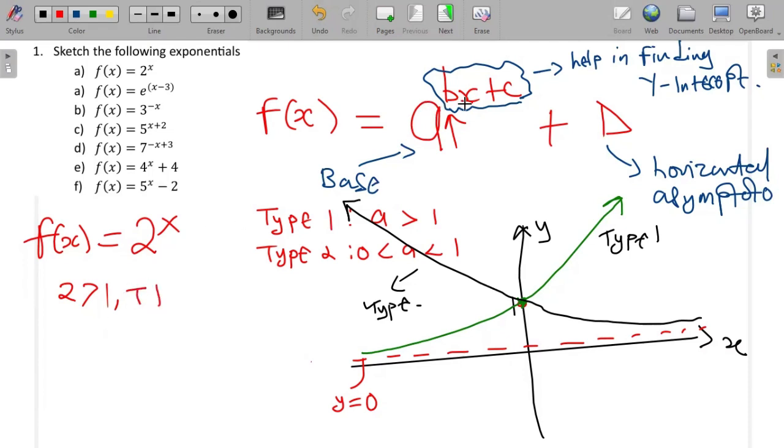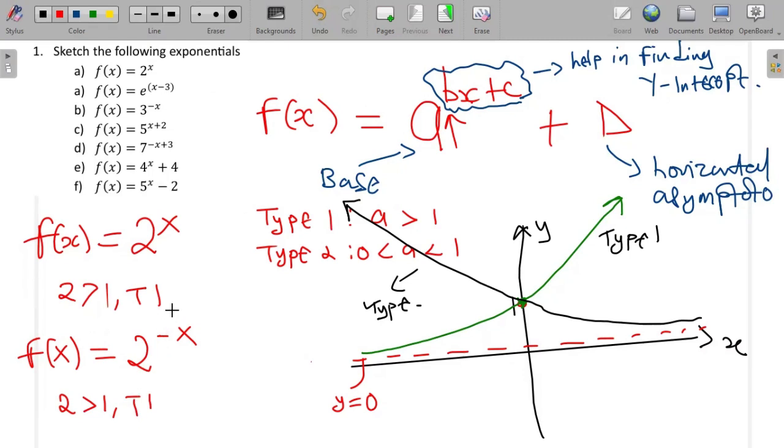Now, when the coefficient of this x in the power becomes negative in a type 1 graph, then it switches to a type 2. So if I have f of x equals 2 to the power minus x, the coefficient of this x is a minus. The base is greater than 1, so this means it's a type 1, right?